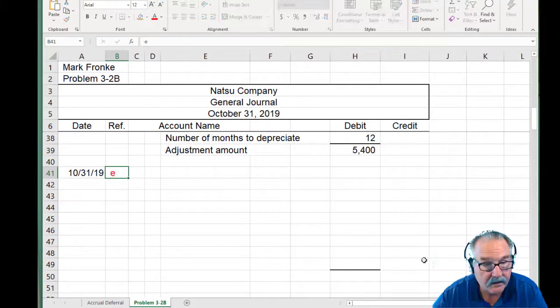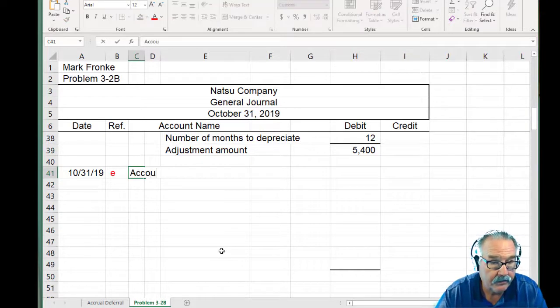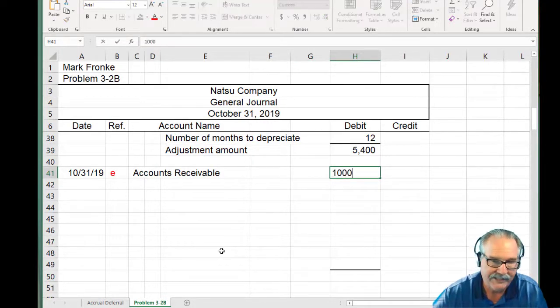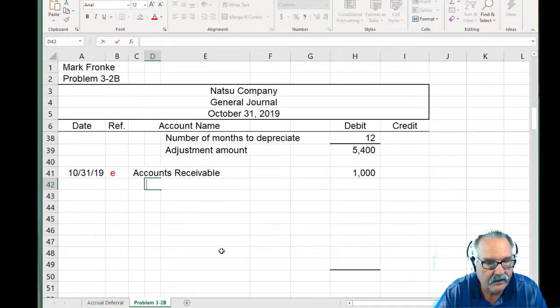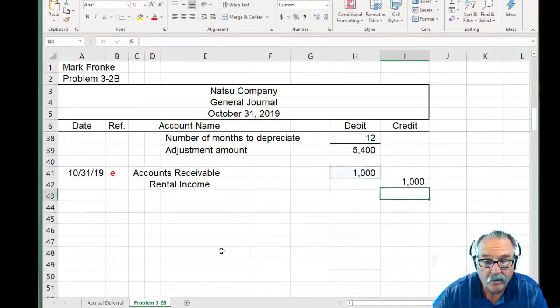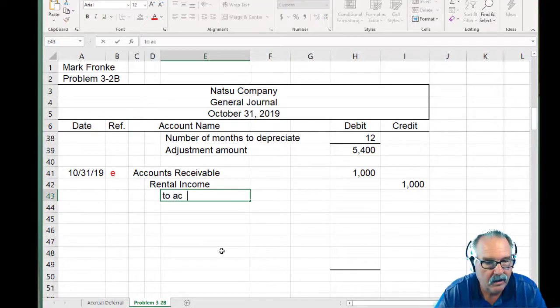This is transaction E. We're going to debit accounts receivable. We could create an account called rent receivable, but accounts receivable is fine. Accounts receivable is a debit, and then rental income. We are recording the income because we've now earned this rent from our tenant. We just haven't been paid yet. To accrue rent to be received, something like that.